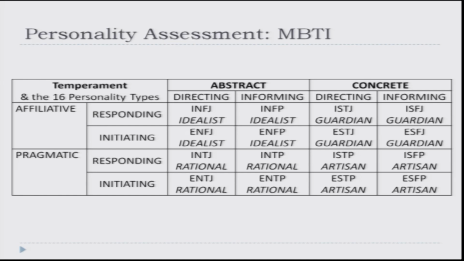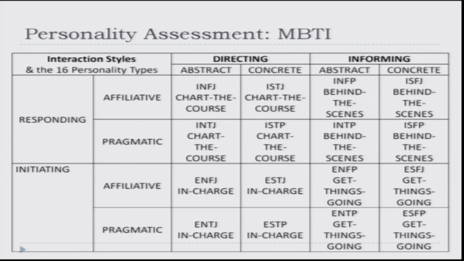Then affiliative, responding, abstract, informing. Affiliative, initiating, abstract, directing, and affiliative, initiating, abstract, informing. So, likewise 4 combinations are there. Idealists have 4 different types, guardians 4 different types, rational 4 different types, and artisans again 4 different types.